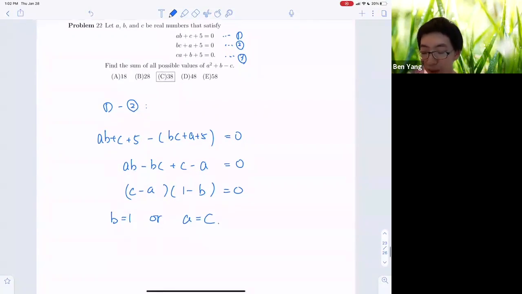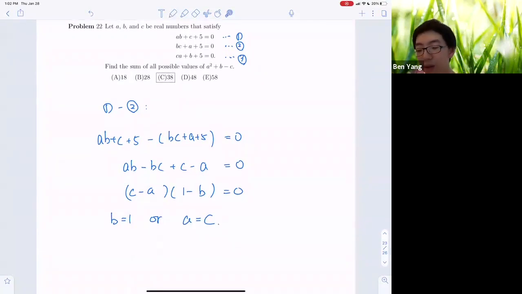So that's what we get from taking the difference of the first two equations, equation 1 and equation 2. And similarly, we can get some other information by looking at equation 2 and equation 3. We're probably going to get A is equal to B or C is equal to 1.